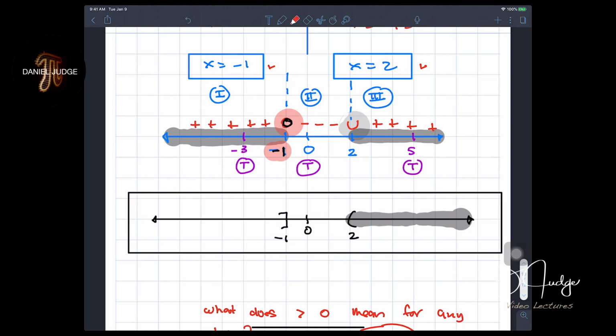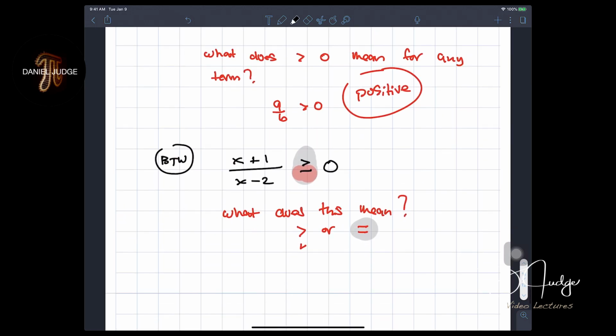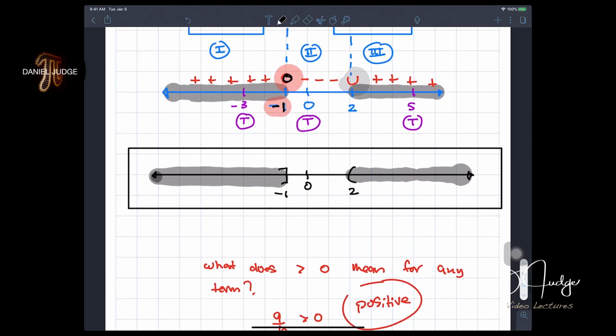That has to be a square bracket, because what you're saying now is please include -1, because this fraction is greater than or equal to 0. Now, here's the next question.